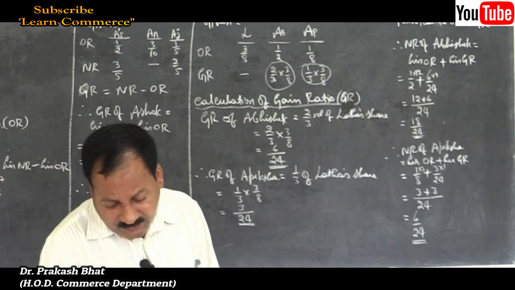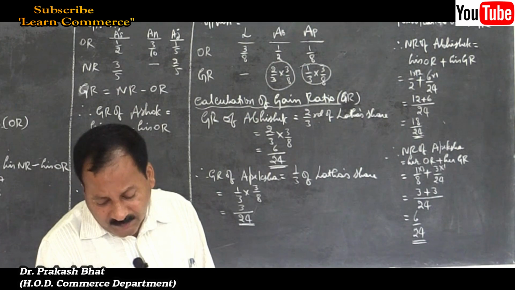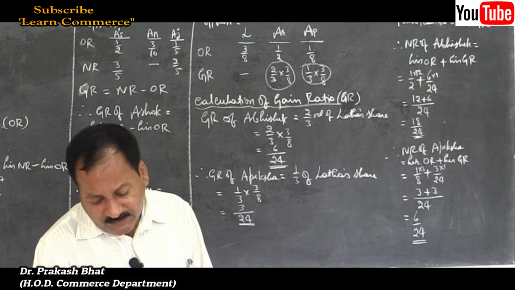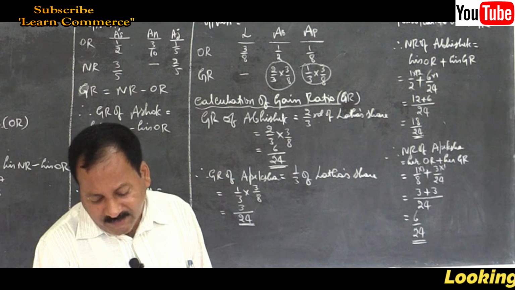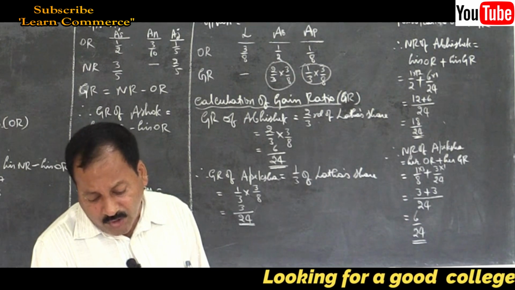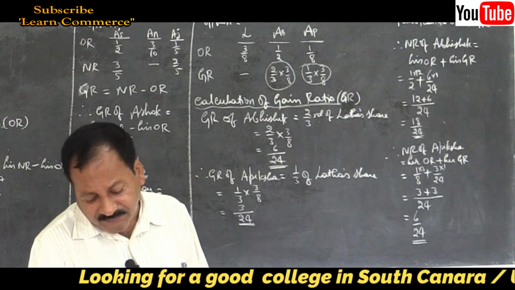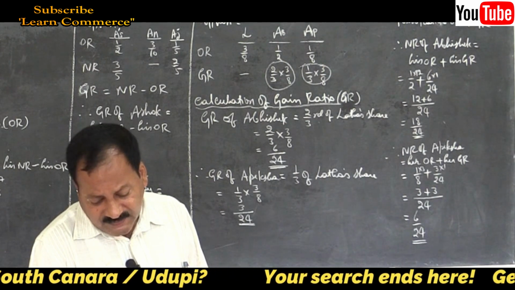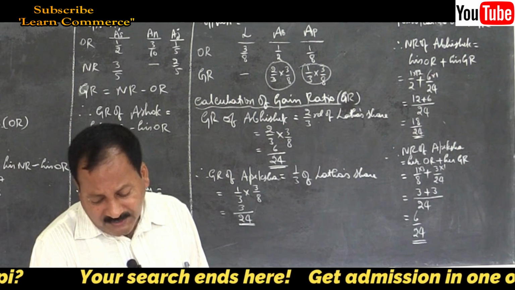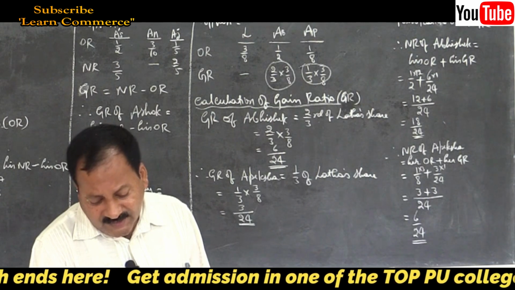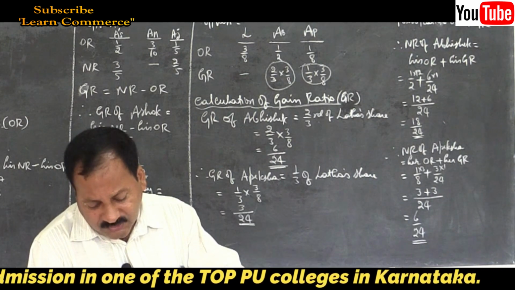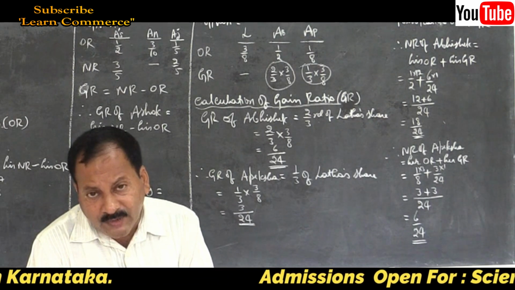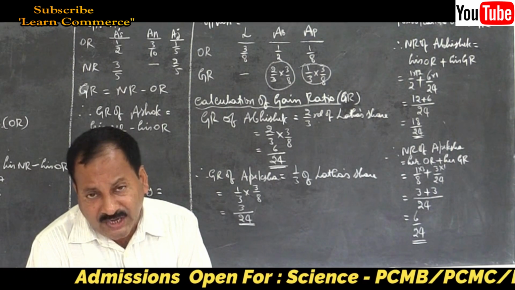See the seventh one. Naveen, Suresh and Tarun are partners sharing profits and losses in the ratio of 5:3:2. Suresh retires from the firm and his share is acquired by Naveen and Tarun in the ratio of 2:1. Similar problem. Suresh retires, so Suresh's share you have to take, 3 by 10. 3 by 10 into 2:1 means 2 plus 1, 2 by 3.